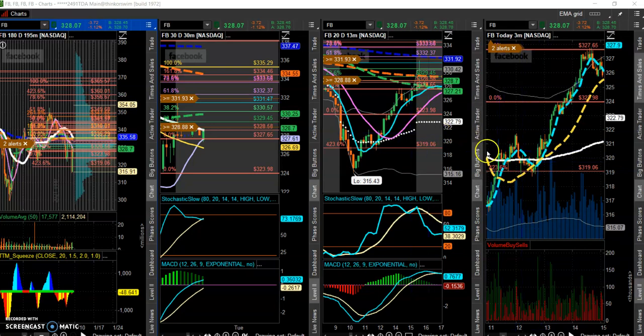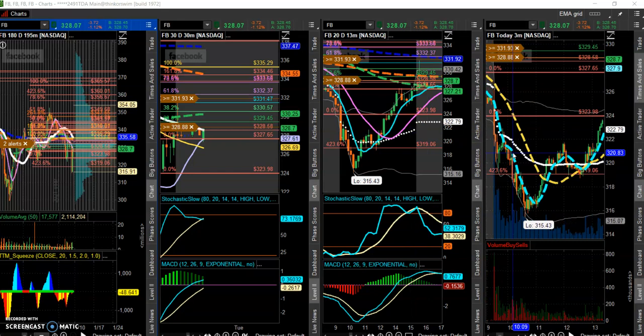Now, if you were just using the price triggers, you would come in here and set an alert, say if the price is below 325, whatever the level was.